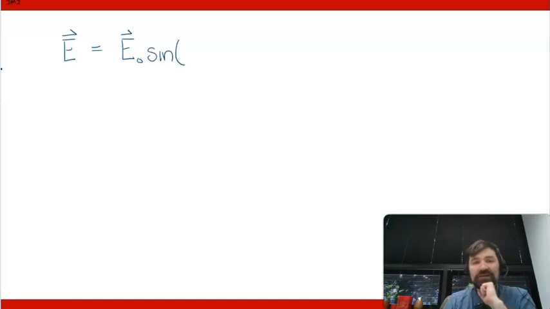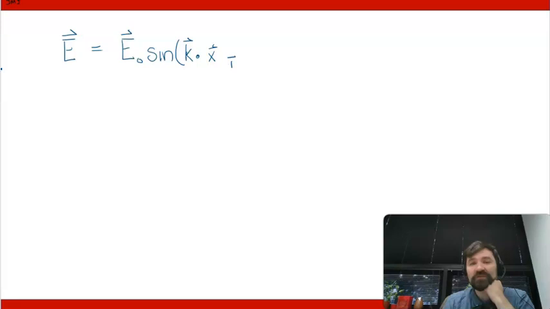So the equations that ultimately kind of describe the simple electric field and simple magnetic field look like this. The E field has some maximum value, we could call it E naught, times the sine of essentially like a wave vector of some sort, dotted with displacement from wherever we've marked our origin.